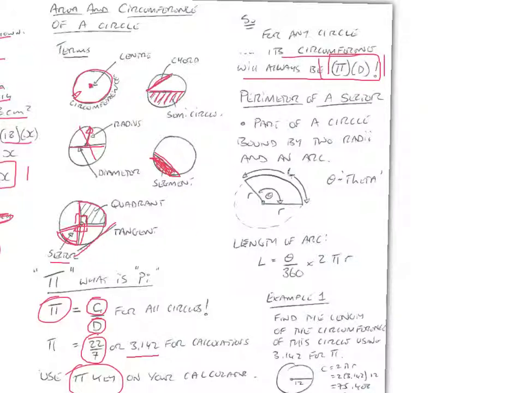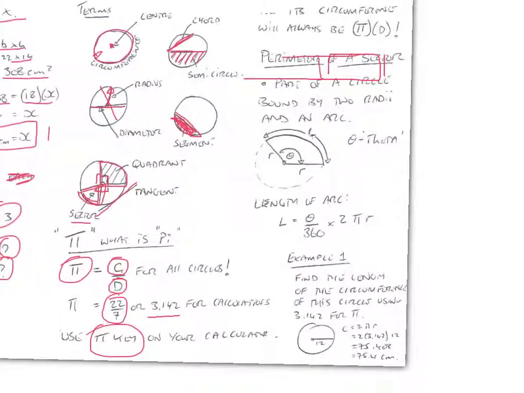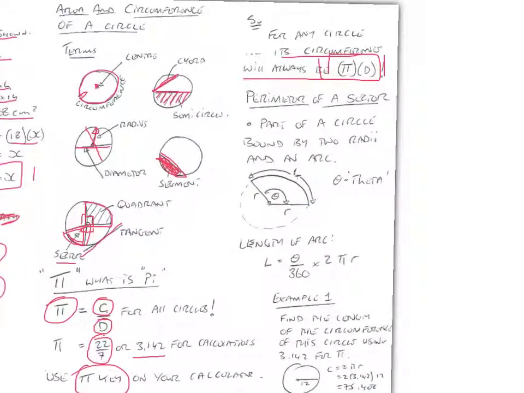So if someone tells you the diameter of a circle, you can tell them what the circumference is just by multiplying that diameter by pi. Because pi is equal to c over d. Just bear with me. Because pi is the ratio of circumference over diameter, so circumference equals pi by d.